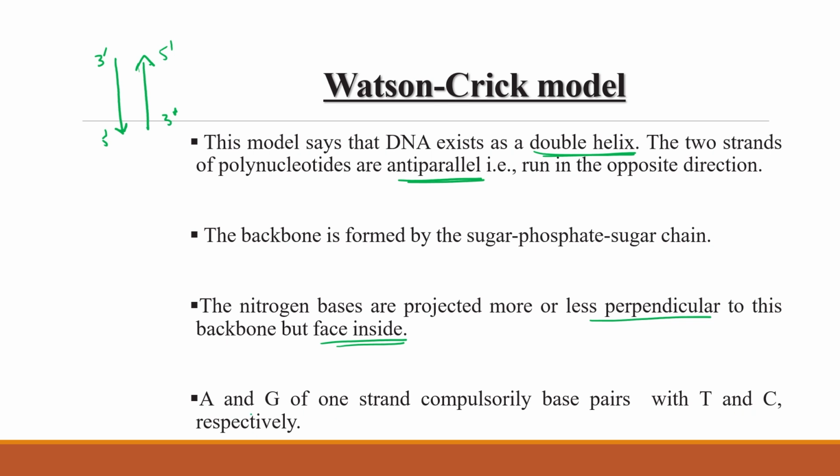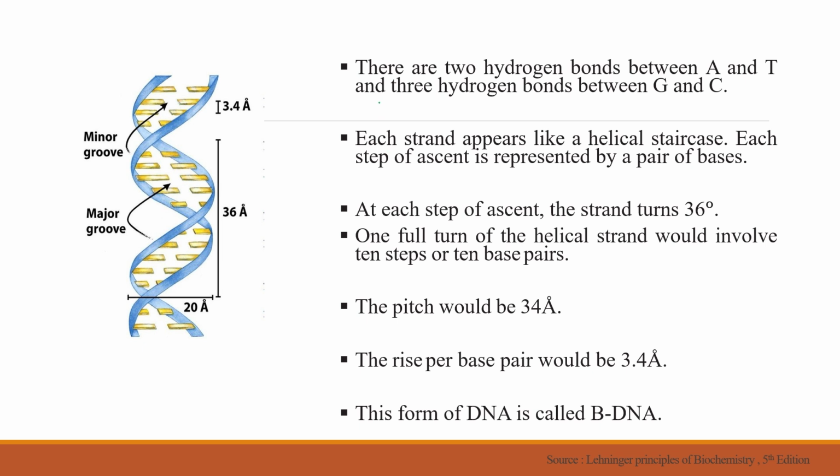Okay, adenine always pairs with thymine and cytosine always pairs with guanine. Clear? Now, so this is the double helical structure. There are 2 hydrogen bonds between adenine and thymine, and 3 hydrogen bonds between guanine and cytosine.